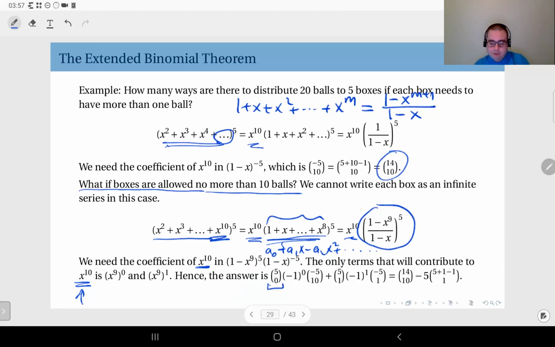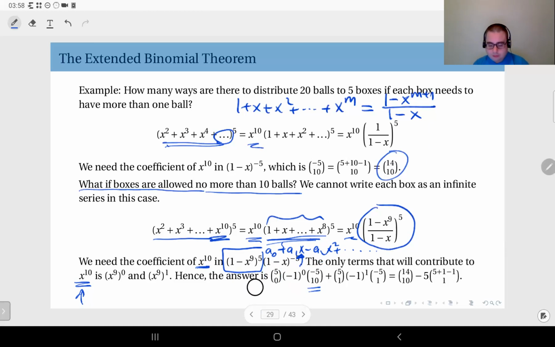This is 5 choose 0, because from this, I'm not choosing any x to power 9s. Minus 1 to power 0, minus 5 choose 10. This is simply the application of the extended binomial theorem. So this part belongs to the coefficient of this, and this product belongs to the coefficient of x to power 10 in the second part, (1 minus x) to power minus 5.